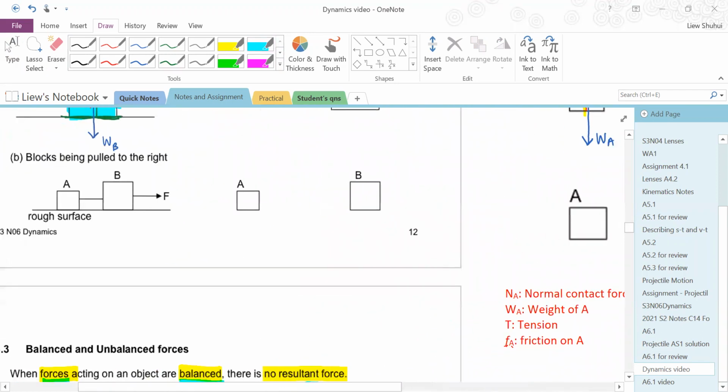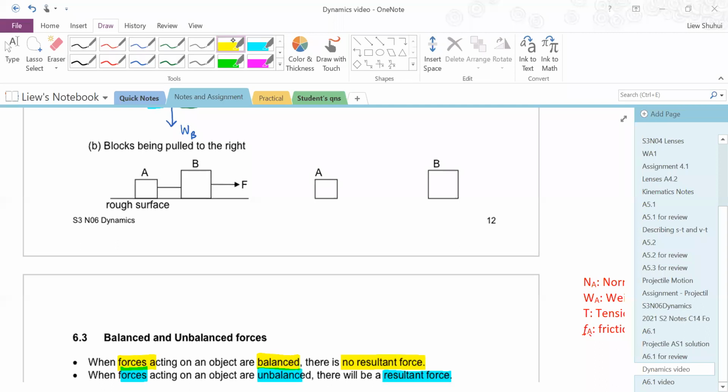Next, the blocks are being pulled towards the right. If it's a rough surface, then along the surface there should be friction. Again, let's look at body A first. There will be the weight pointing in the downward direction and the normal contact force in the upward direction. If it's a rough surface, friction will tend to oppose the motion.